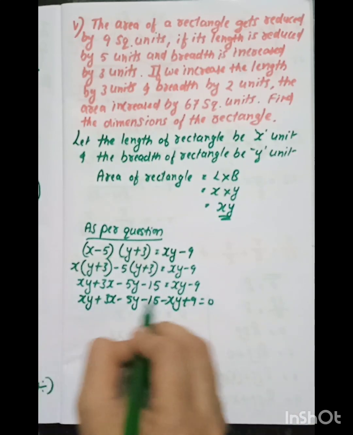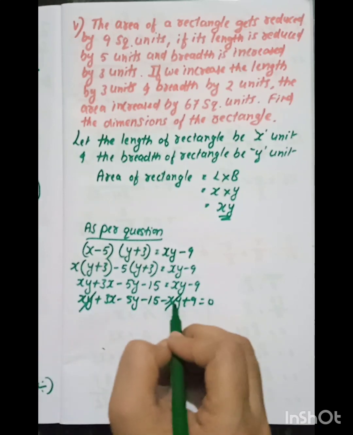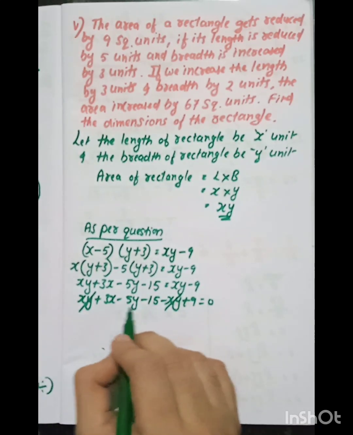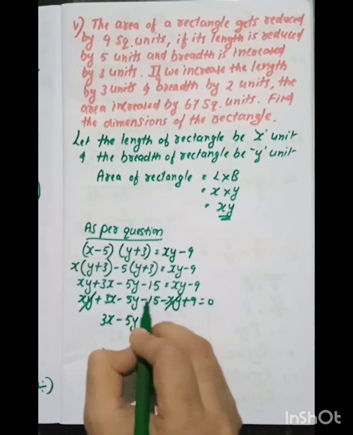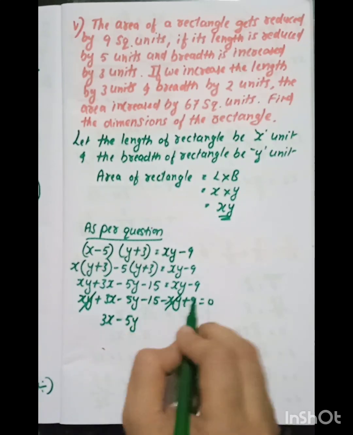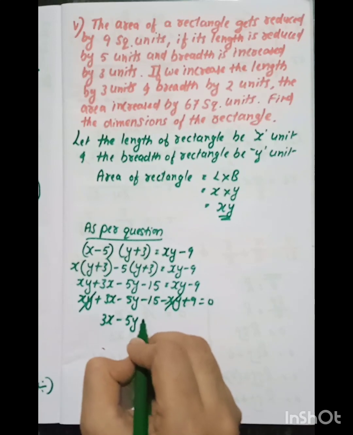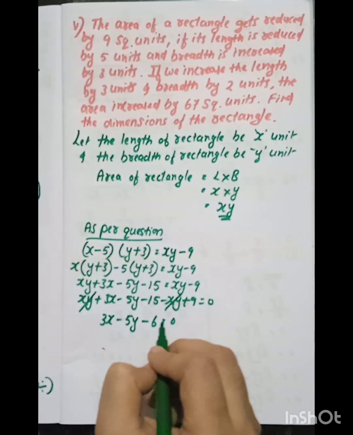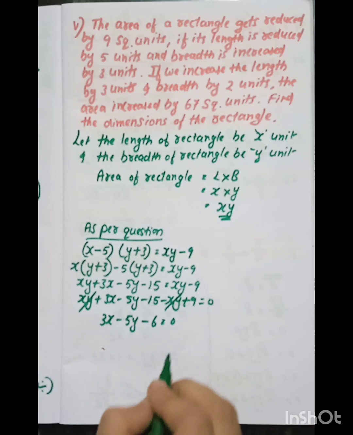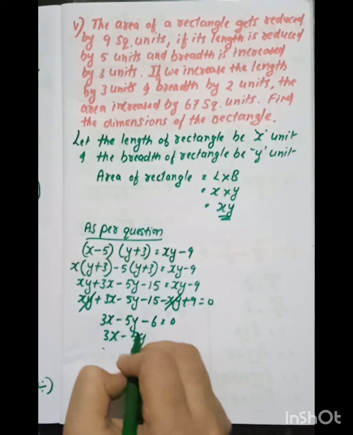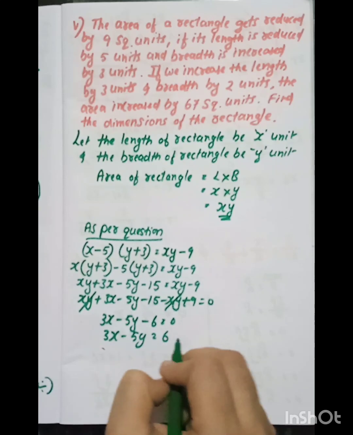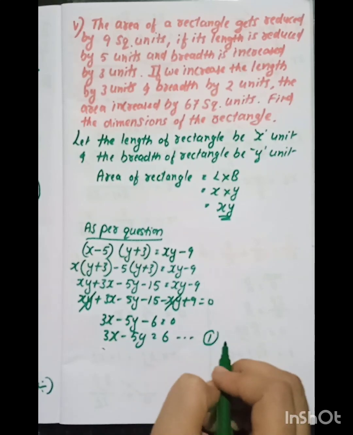Now plus xy minus xy get cancelled. Then 3x as it is, minus 5y as it is, minus 15 plus 9, that is minus 6, equals 0. Then bring 6 there: 3x minus 5y equals 6. Take it as equation 1.